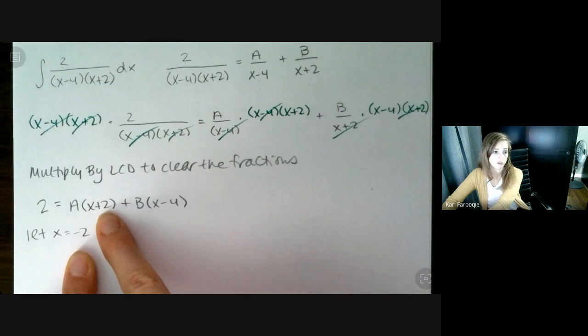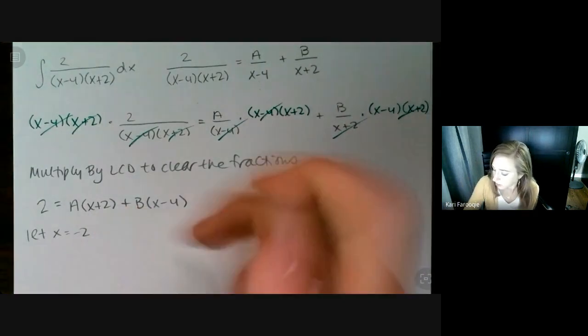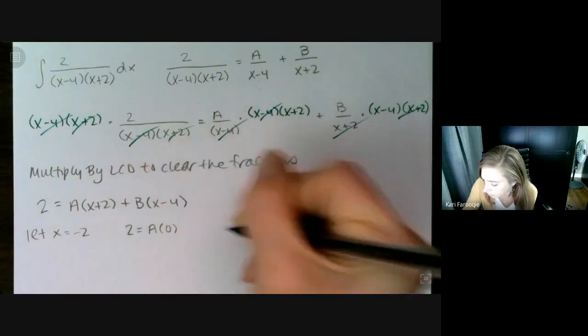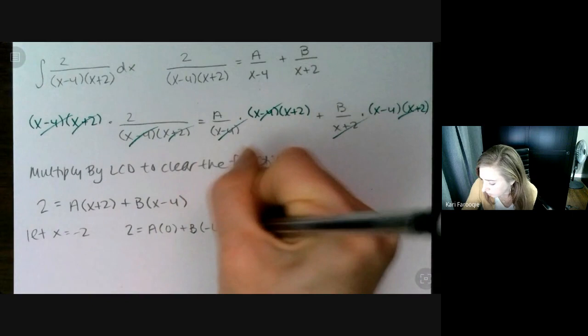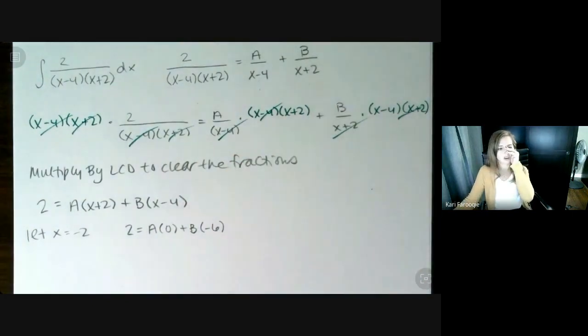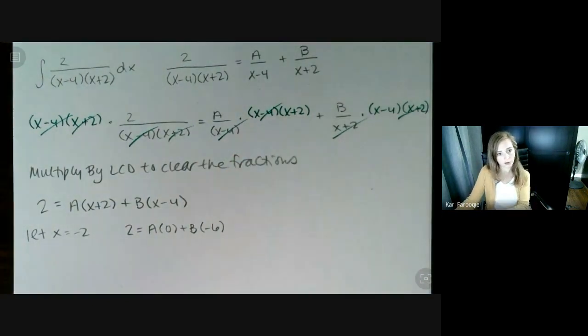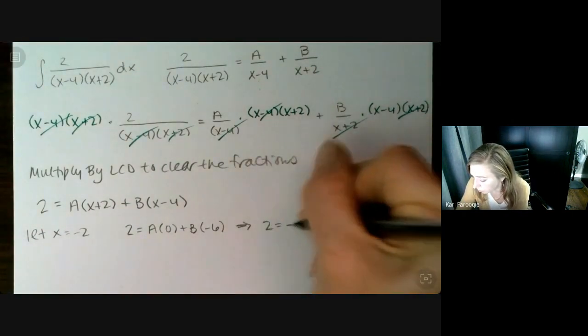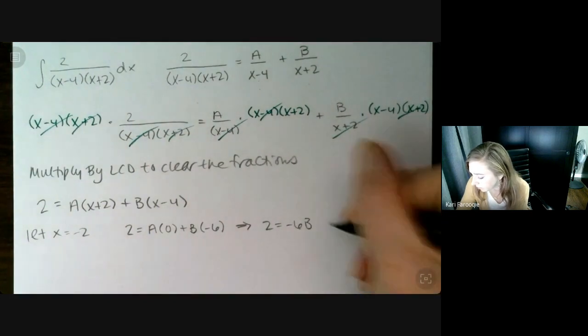And then the a term is going to go away, and I can solve for b. So if I let x be -2, I have 2 equals a times 0 plus b times -6. -2 minus 4 gives you -6. And this is 2 equals -6b.